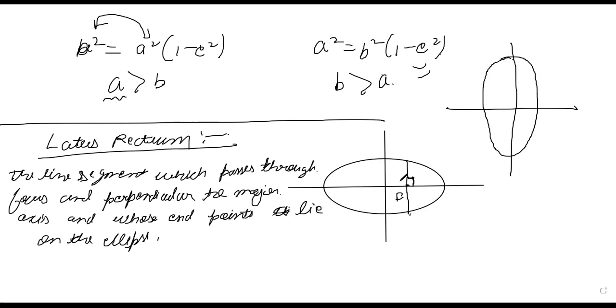Okay, so in this case, what was the coordinates of focus? ae comma 0. So if this point is P, what will be the x coordinate of P? ae, because this line is perpendicular. So the x coordinate will be ae.